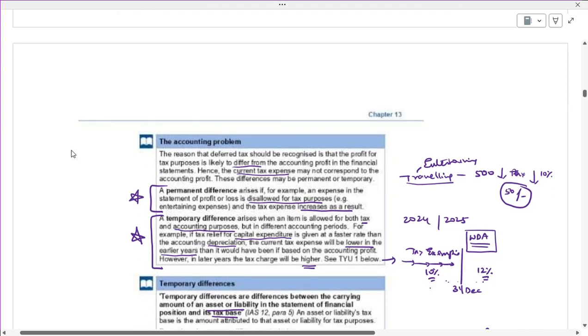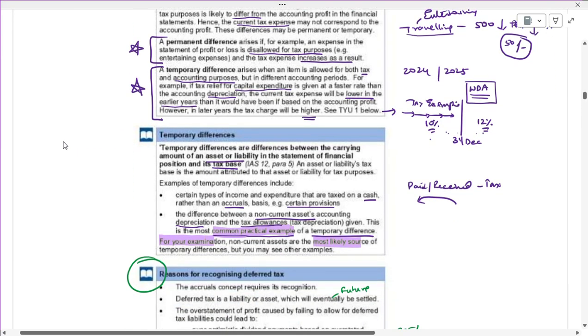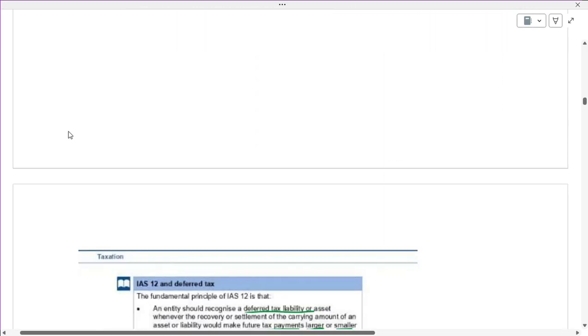Somewhere it has been given. Here: temporary differences are differences between the carrying amount of an asset or liability in the statement and its tax base. The tax base of an asset or liability is the amount attributed to that asset or liability for tax purposes.